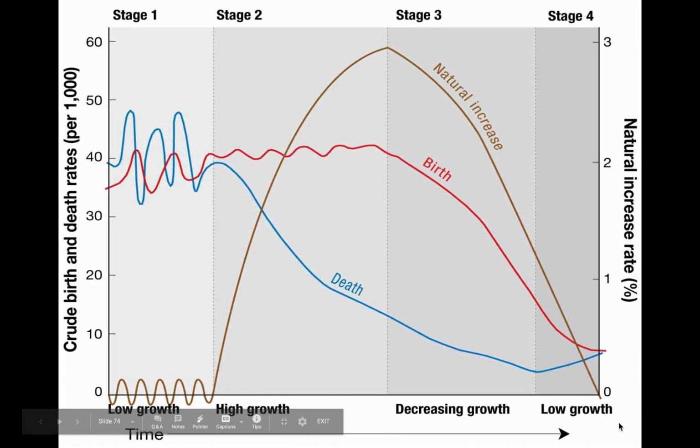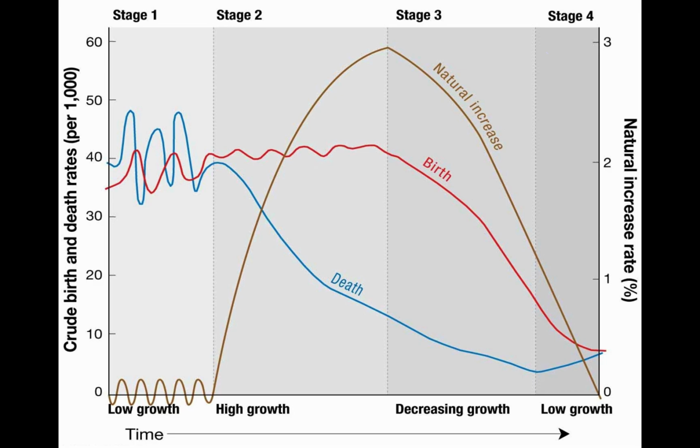Here is a diagram of each of the stages. Stage 1, it shows with the CBR and CDR, they kind of ebb and flow. And with the natural increase rate, there really is no natural increase rate. Some years high, some years low, depending a lot on, because they're hunters and gatherers, the climate and the abundance of food. And then you get into stage 2, we see high growth, high natural increase growth.